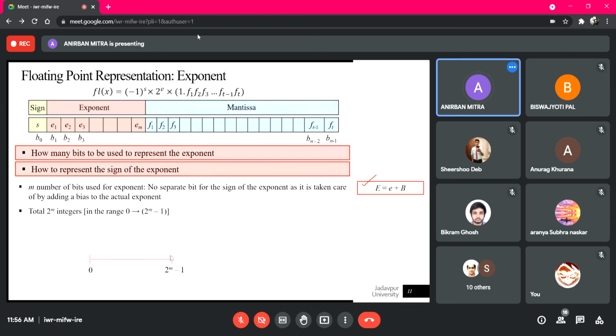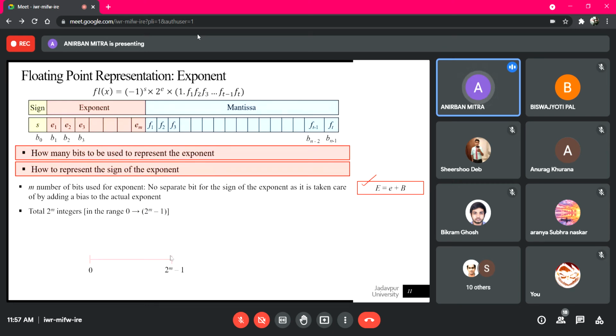Let's say if I write 0 over here, that actually indicates minus n. That can be done very easily by adding a bias. If I have a negative number minus n, how much do I need to add to make it 0? I have to add plus n. Plus n becomes the bias.